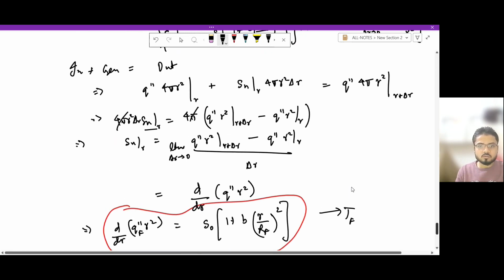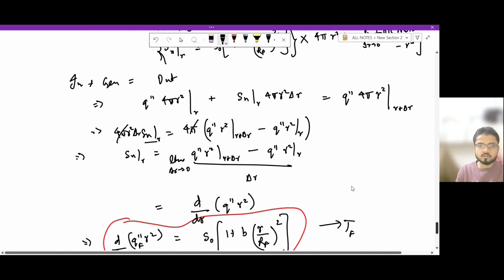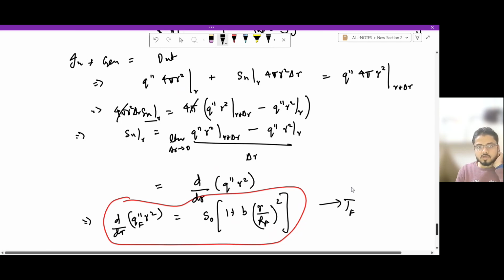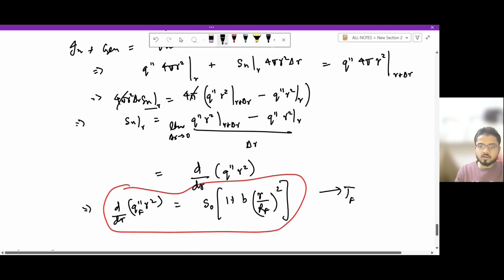Okay, so I think we made a little mistake right here. S n was to be multiplied by r squared right here.